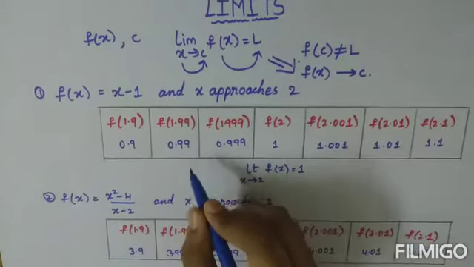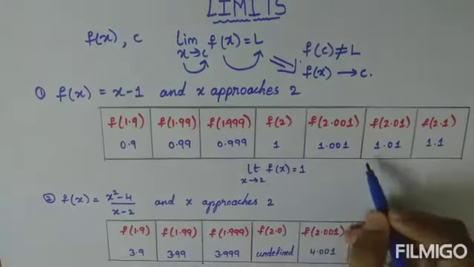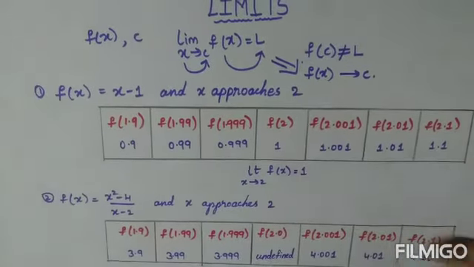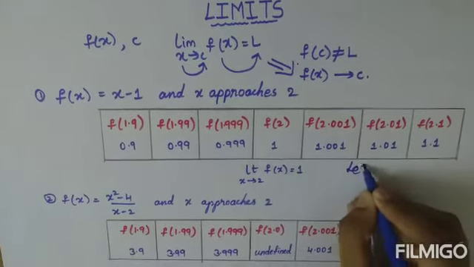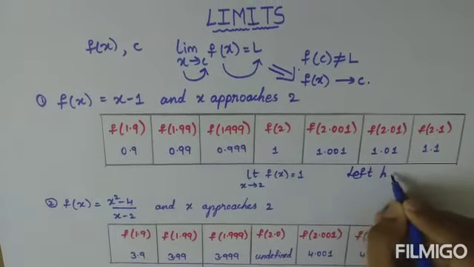We have to see both from left hand side and right hand side. So here we have to define two quantities called left hand limit and right hand limit.